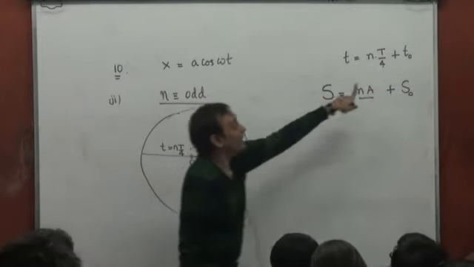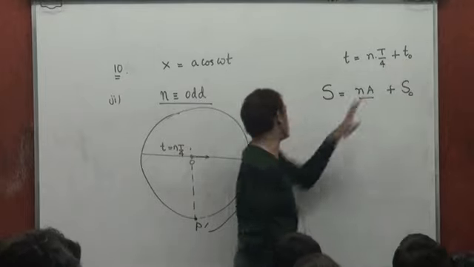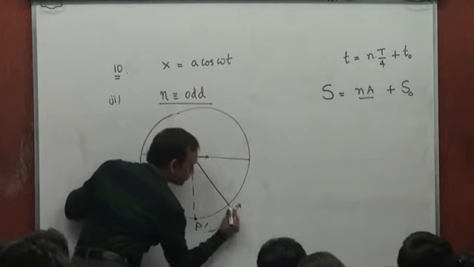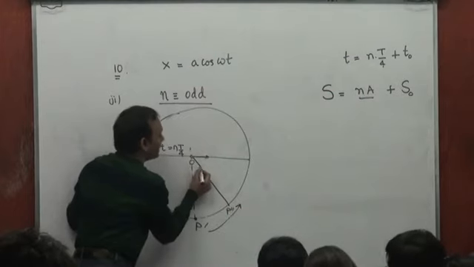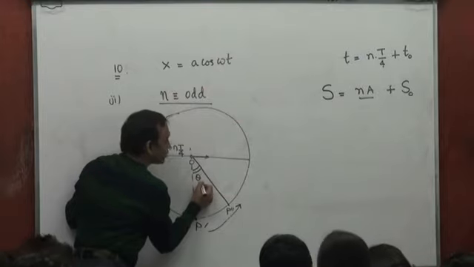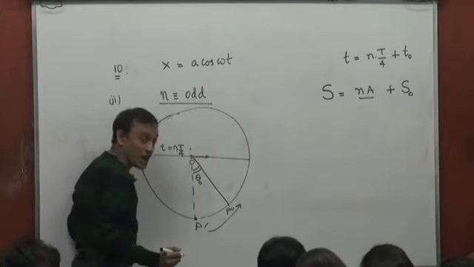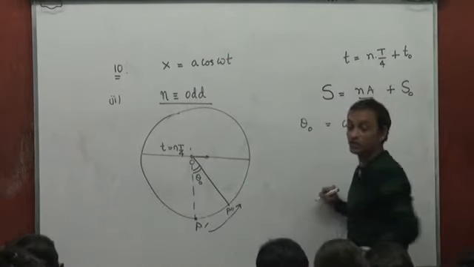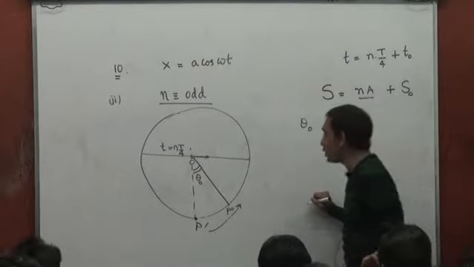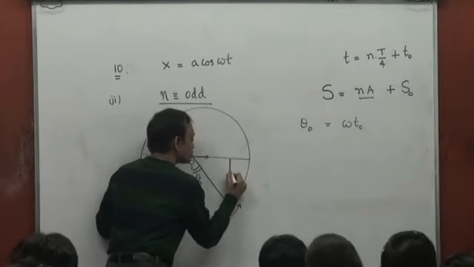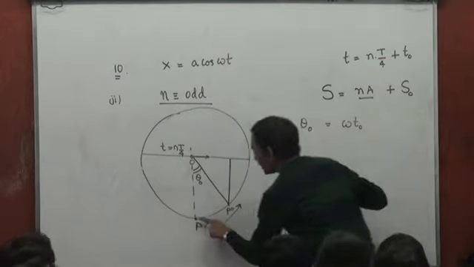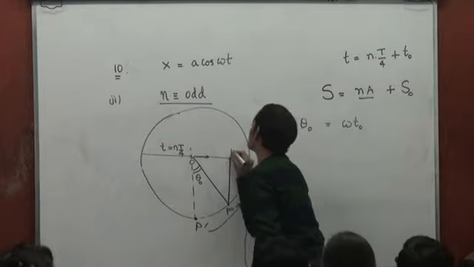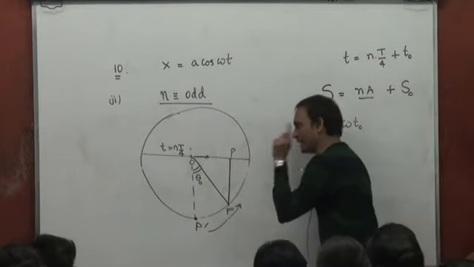Now, in the remaining T naught seconds, the auxiliary particle would have gone from P prime to P double prime and would have described an angle theta naught at the center, where theta naught would have been omega times T naught, yes or no? While the auxiliary particle does this arc of the circle, the oscillator goes from the mean position to this position. The oscillator goes from O to P, yes or no?